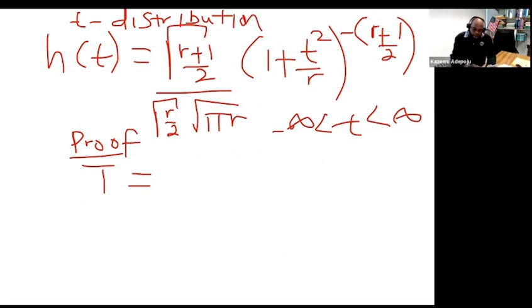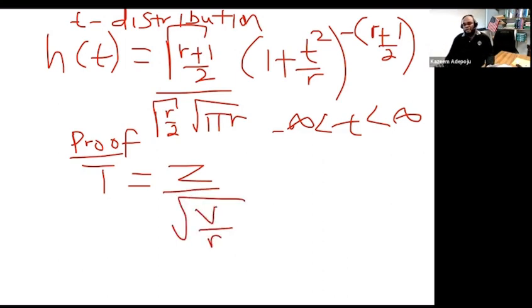Now, it is the ratio of Z to the square root of V divided by r. Do you know, my Z and my V are random variables. r is just the degree of freedom.